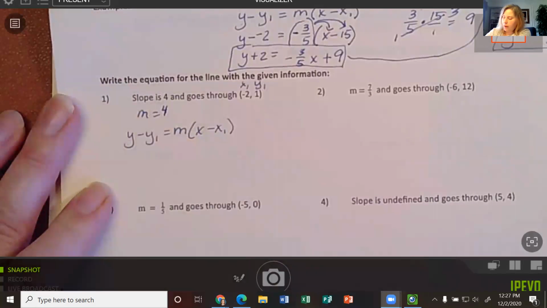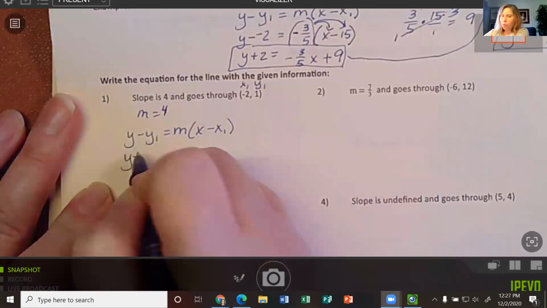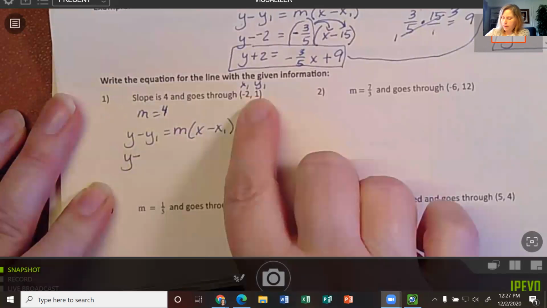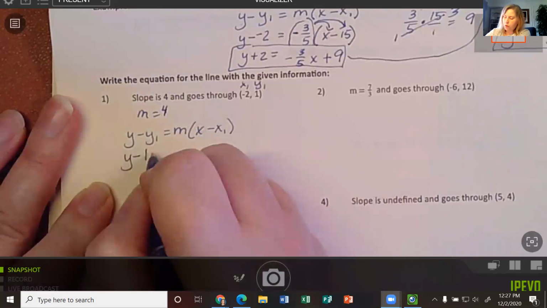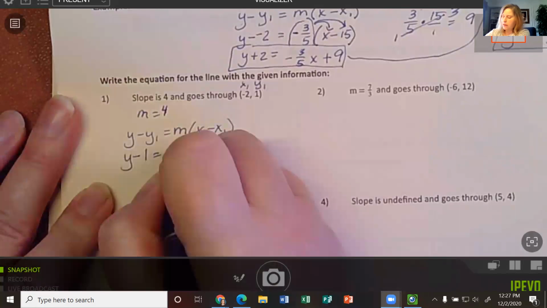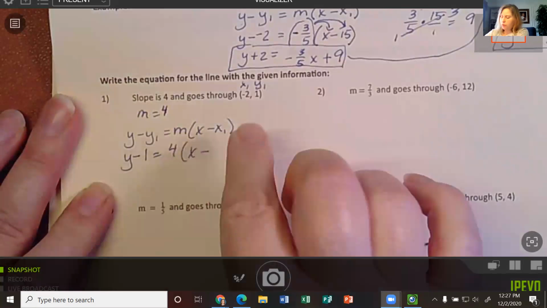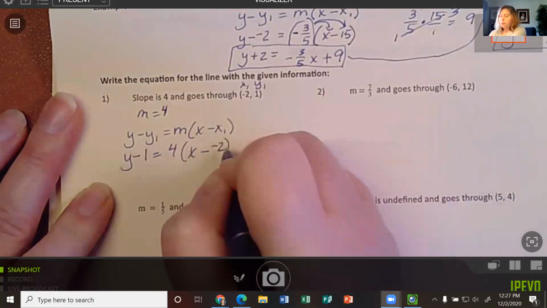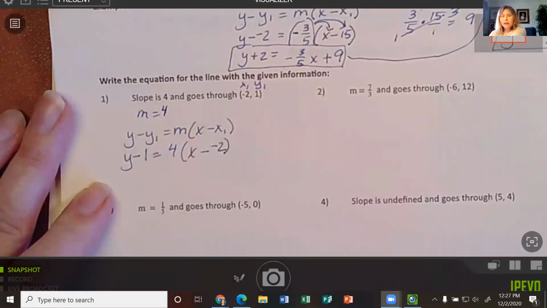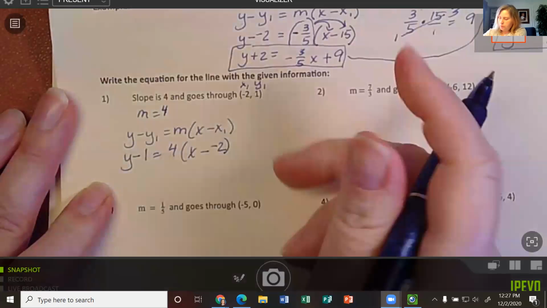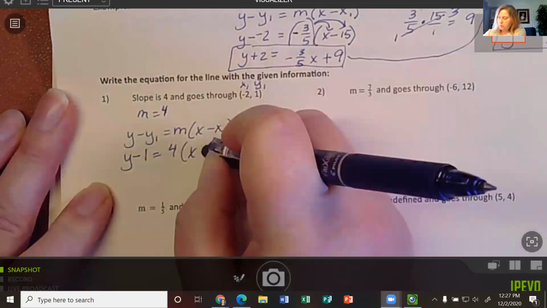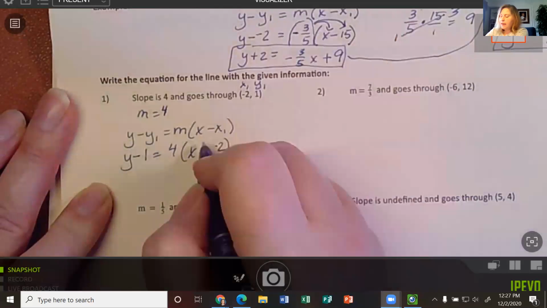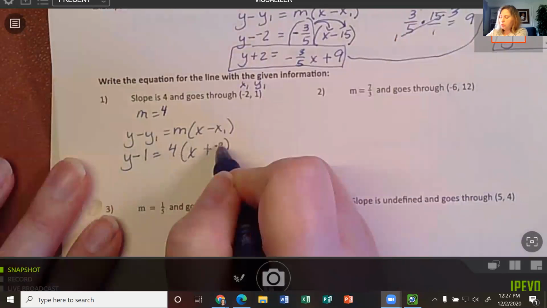So we will have y minus 1 equals, m was 4, so 4 times the quantity x minus negative 2. All right. We'll simplify that. Minus negative 2, we'll just make that into a plus 2.